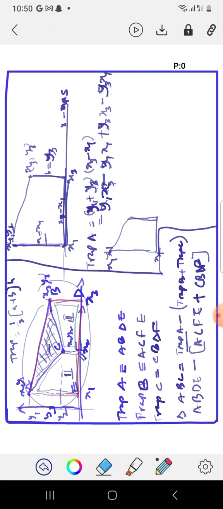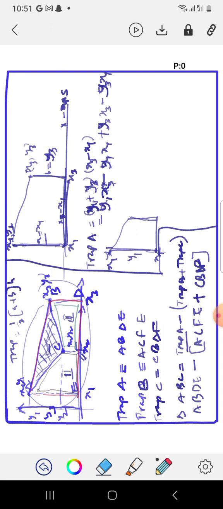So let me rewrite the nonsense I have there. This is y1, y1, this is y3, y3. I've put it down so that when I clear the board, I would be able to see it properly. So this is going to be y1.